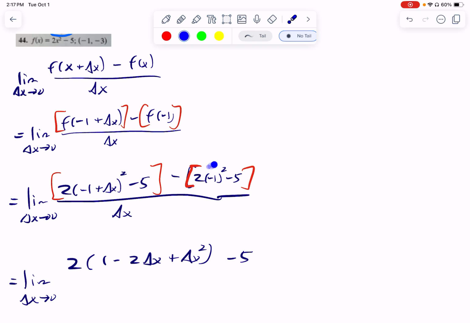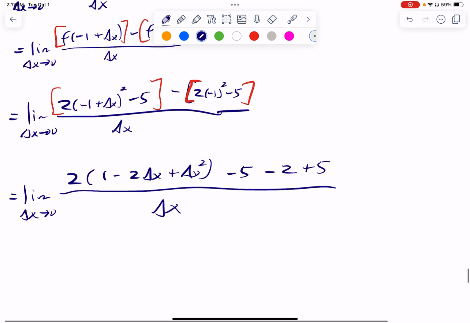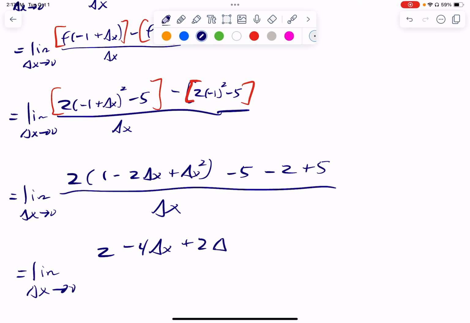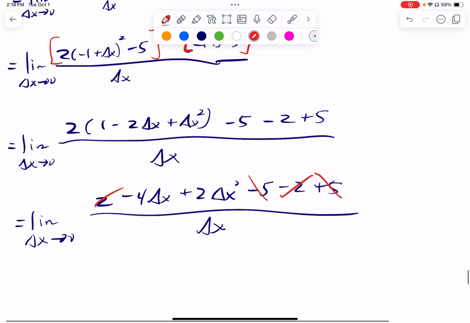Here I'll distribute, this is just the number 2, so it's minus 2 and plus 5. Now I'll distribute that 2 at the very beginning. So we have 2 minus 4 delta x plus 2 delta x squared minus 5 minus 2 plus 5 all over delta x. The 2 cancels with the negative 2, the 5 cancels with the negative 5.